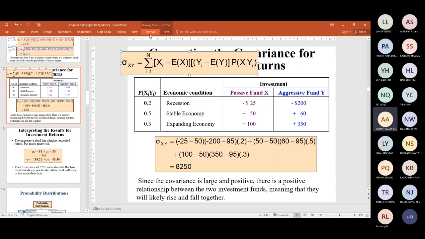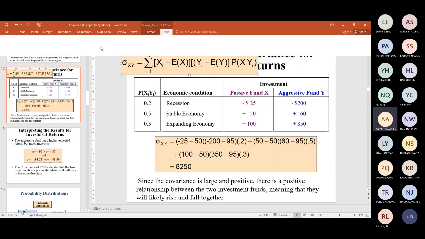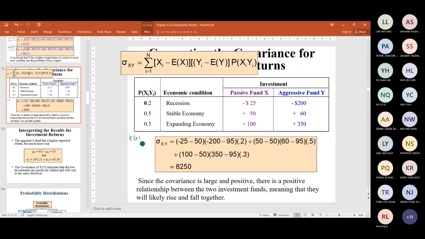We know the mean already: the mean for X is 50 and the mean for Y is 95. So each of your data here minus 50, and then each yi minus E(Y), so each of this data minus 95, multiplied by the probability.